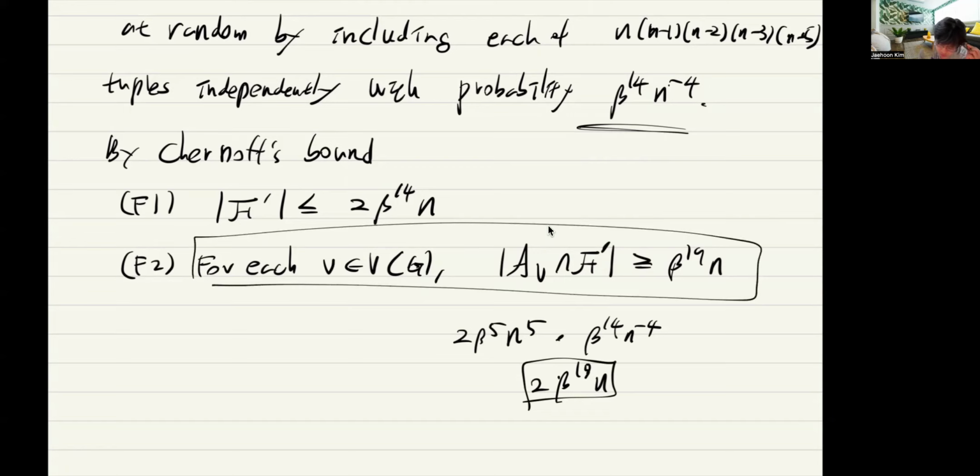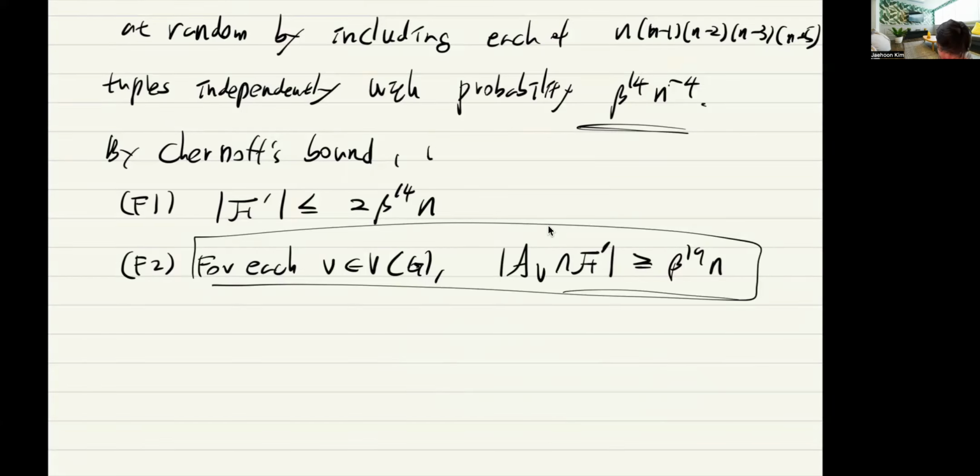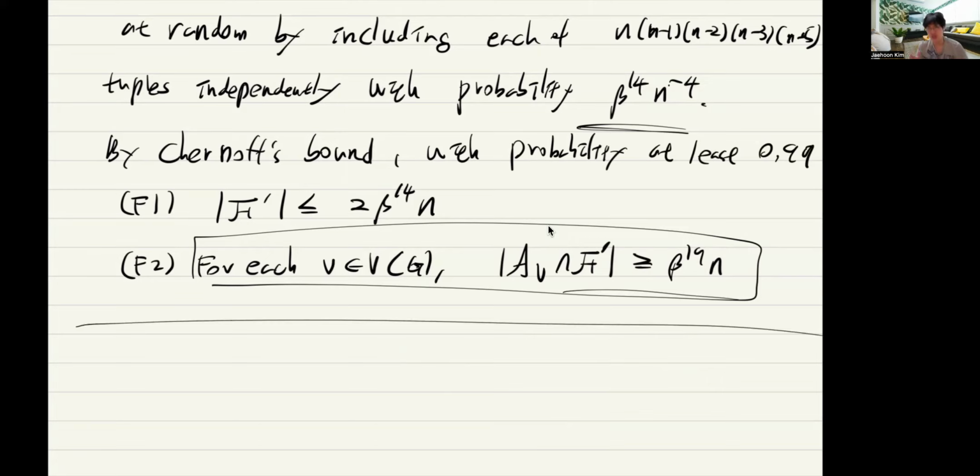And using Chernoff bound, we show that this is at least half of the expectation. And this happens with probability at least 0.99. To be more precise, you can actually write 1 minus e to some exponent, but it's enough to just have this probability.